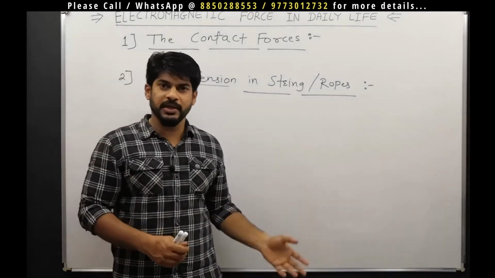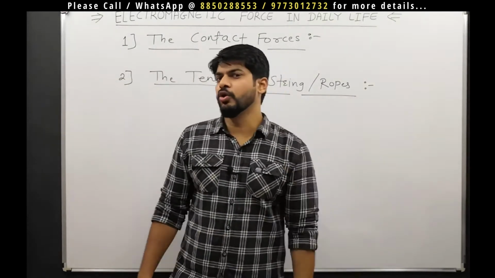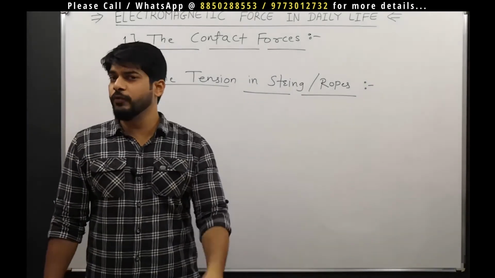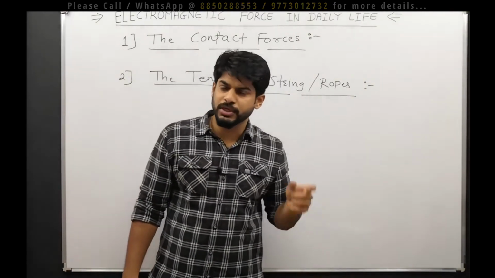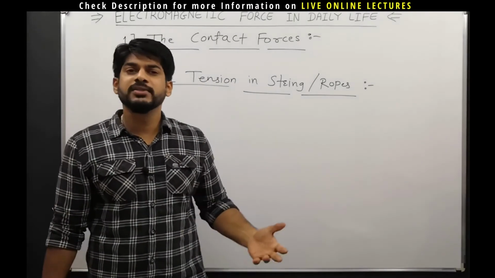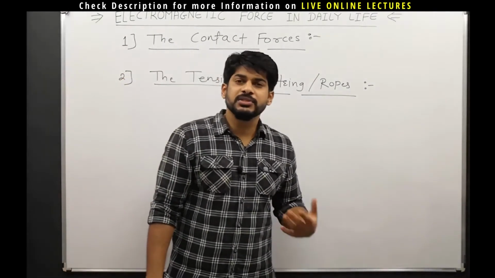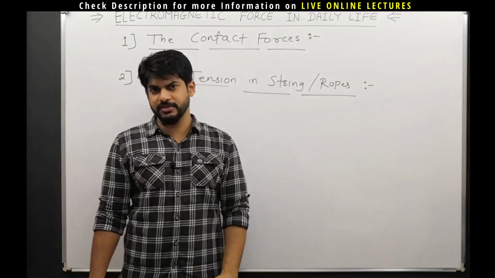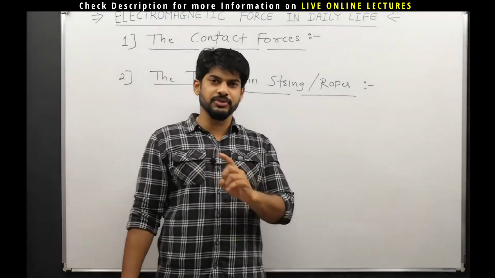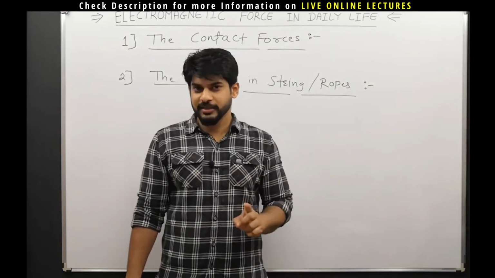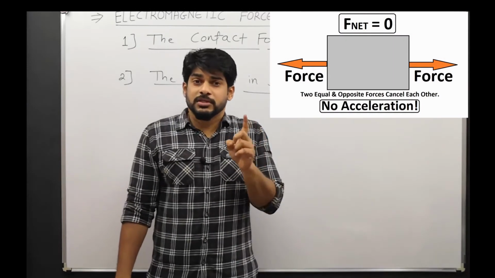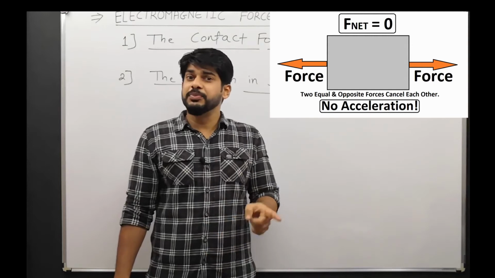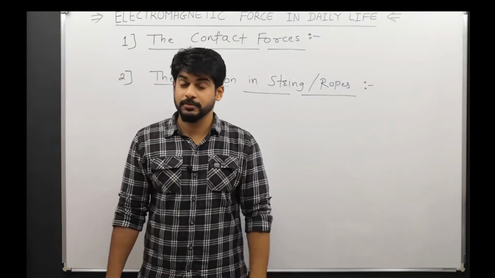That is the main question. We see here that there is a force on this block. According to our discussion, if there is a force, there should be an acceleration. The block should fall down. Then why is it not going? It is still there, that means there is no acceleration. Acceleration is 0. And in case 3 we saw the body does not accelerate if there is no net force.